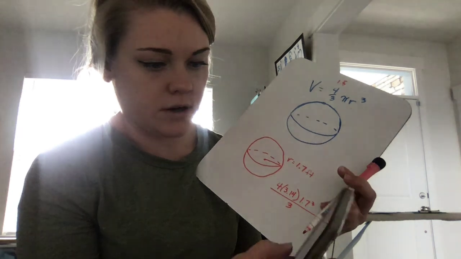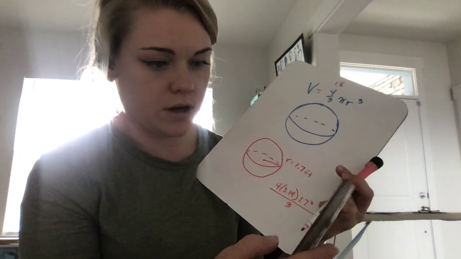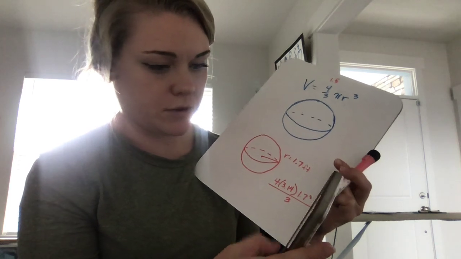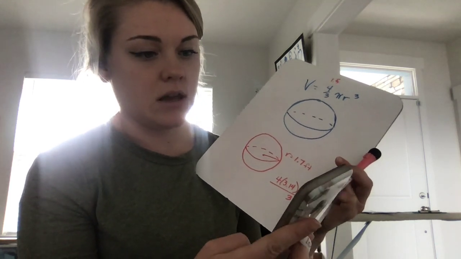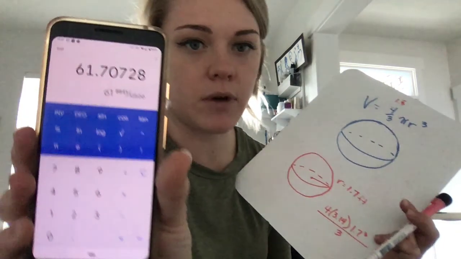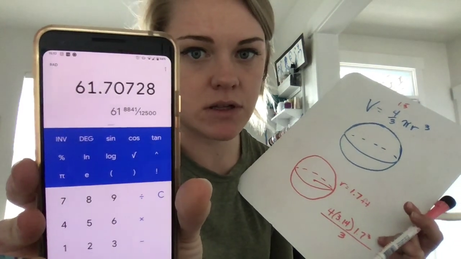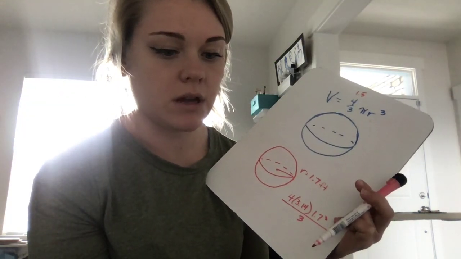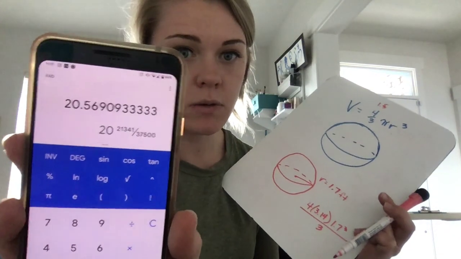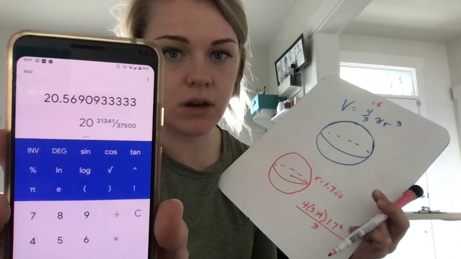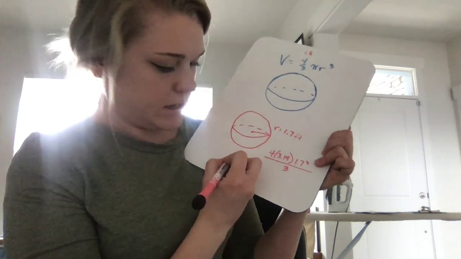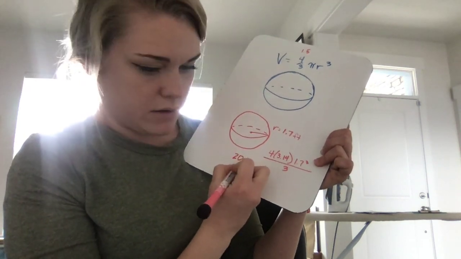So 4 times 3.14 times 1.7 times 1.7 times 1.7, that got me 61.70728. Don't touch it. Divide this by 3. So divide by 3, and that got me 20.569093333333. Gonna round to the nearest hundredth.